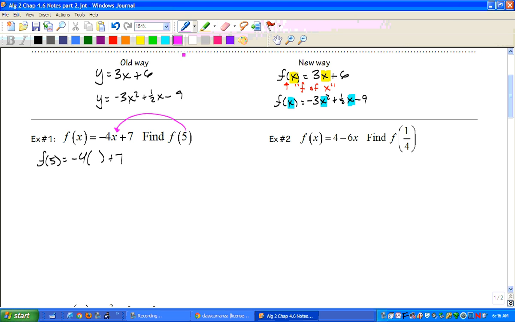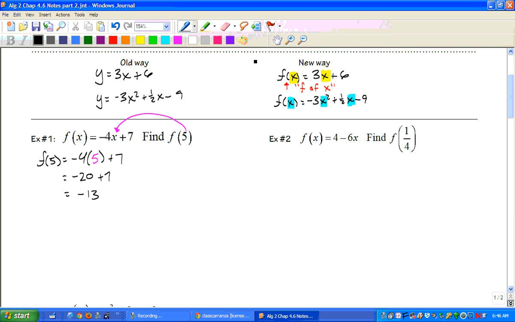We'll make that 5 nice and pretty so you can see it good, because that's what you're plugging in. Now it's just order of operations. -4 times 5 is -20, plus 7, and that equals -13.